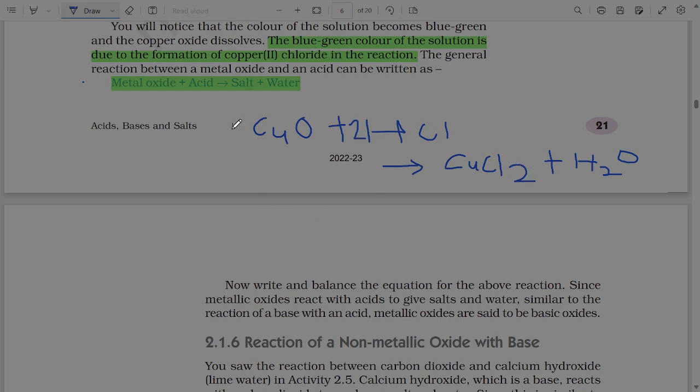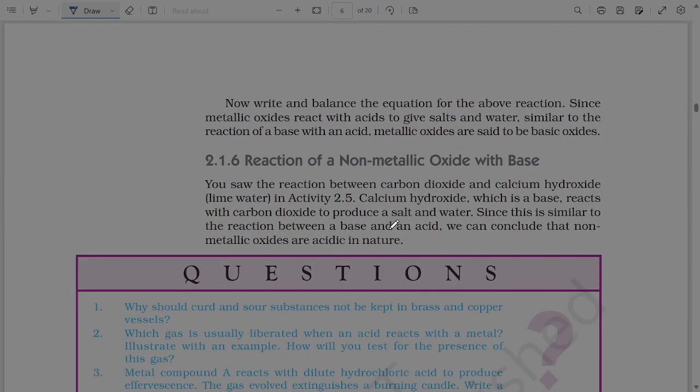So this reaction is balanced now. In the above activity, this reaction takes place. Now write and balance the equation for the above reaction which I have written above.